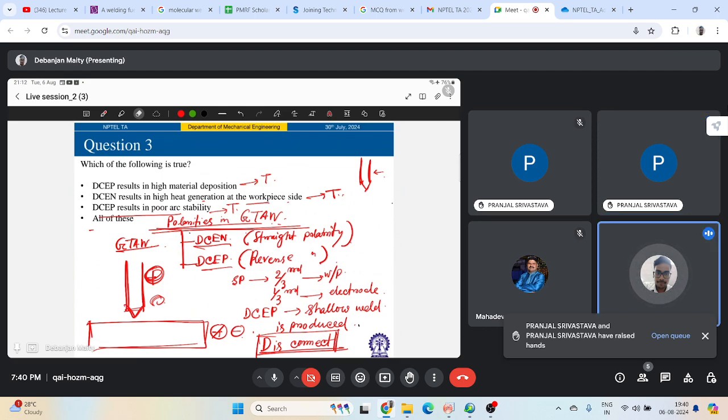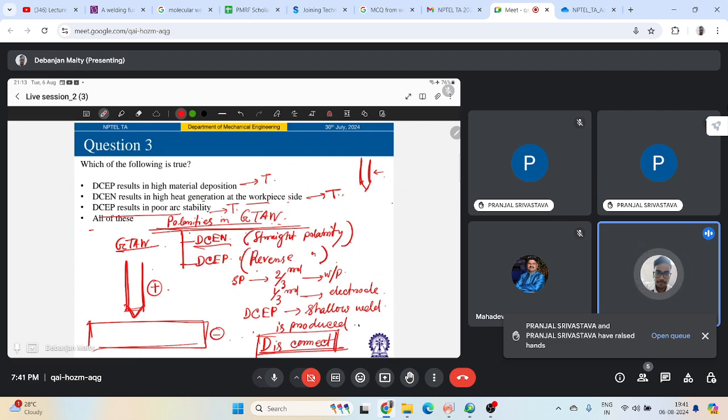As I was saying, DC electrode positive means you're having reverse polarity, right? So if it is reverse polarity, that means my electrode is connected to positive and the workpiece is connected to the negative end.